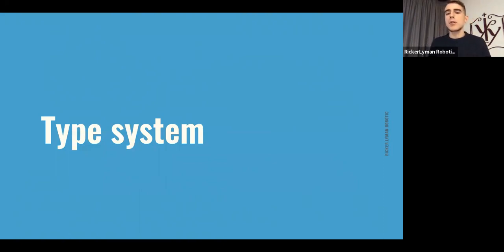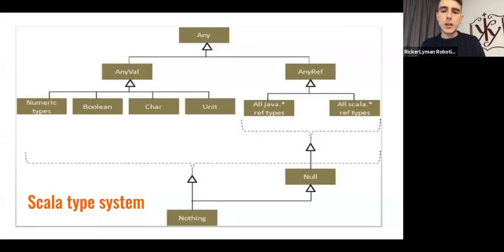In that regard, you might remember last time I mentioned that some people even say that if a program compiles, then it is ready for production. So there is a lot of sense in those words. And this diagram, this tree, represents the edges of the Scala type system.